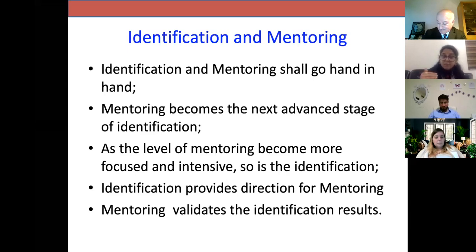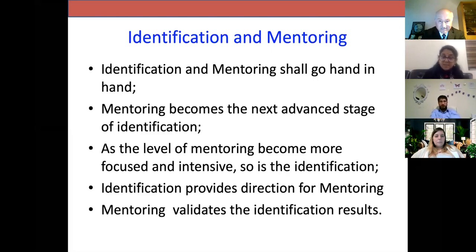The children who were identified as potentially gifted and were mentored progressed very swiftly and very effectively. There were less than 5% students who could not survive the mentoring, or didn't enjoy the mentoring. So the mentoring validates the identification results.